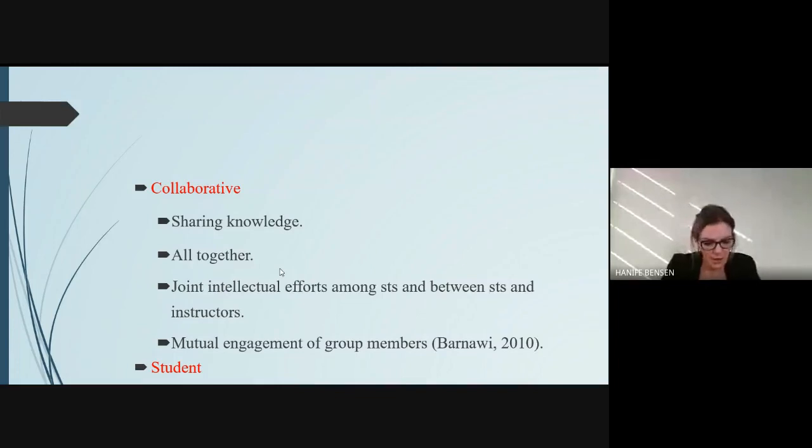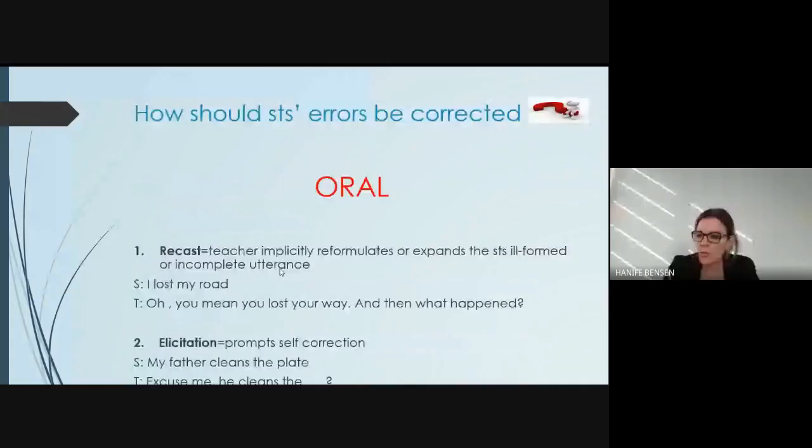Now, the fifth question that arises is, how should learner errors be corrected? Now, we have oral and written, and they are distinguished from each other. With oral errors, strategies have been proposed to deal with them. And the first strategy is recasts.